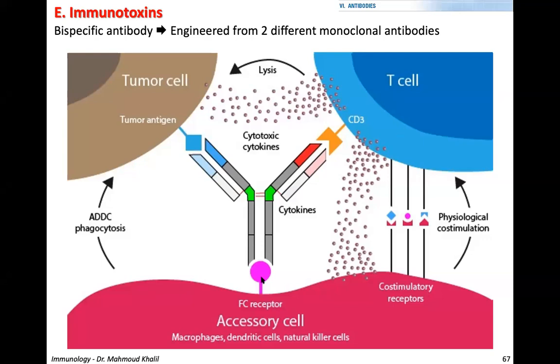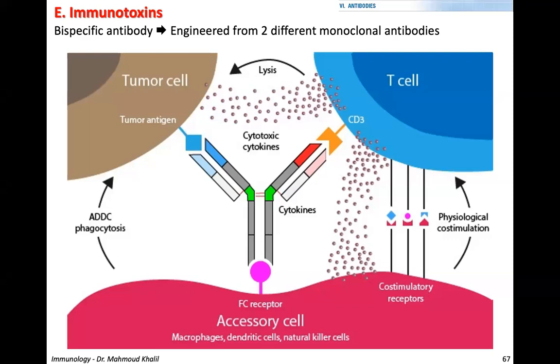So to summarize this figure, the use of a bispecific antibody will enable the interaction between the T cell, the tumor cell, and the antigen-presenting cells. The activation of the T cell will lead to the secretion of lysis factors, these cytotoxic cytokines, that will lead to the lysis of the tumor cells.